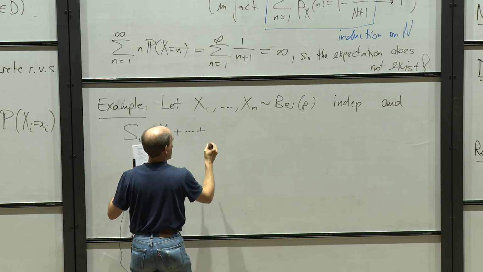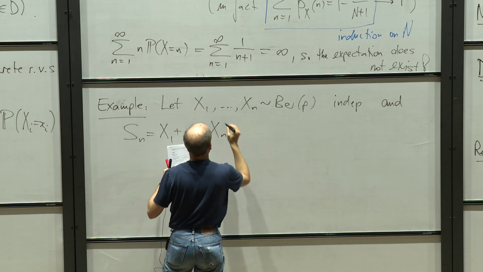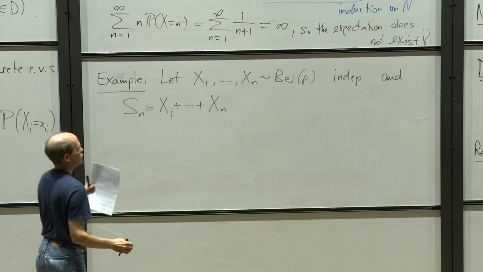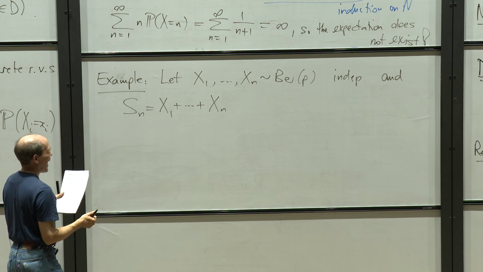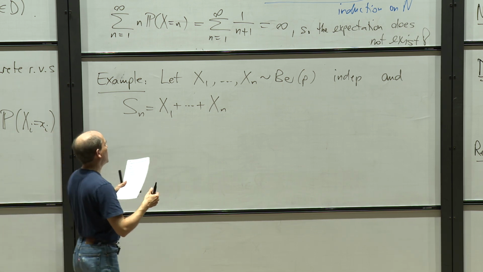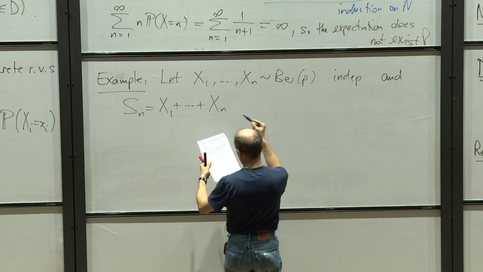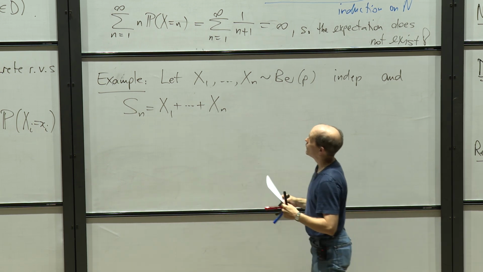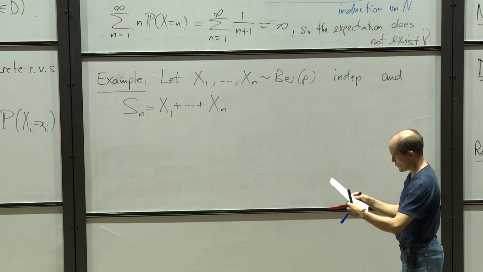So if they are trials, then xi is equal to 1 if the trial is successful. So if we are adding up all the ones, then we get the number of successes. So this Sn is the number of successes in our sequence of Bernoulli trials.